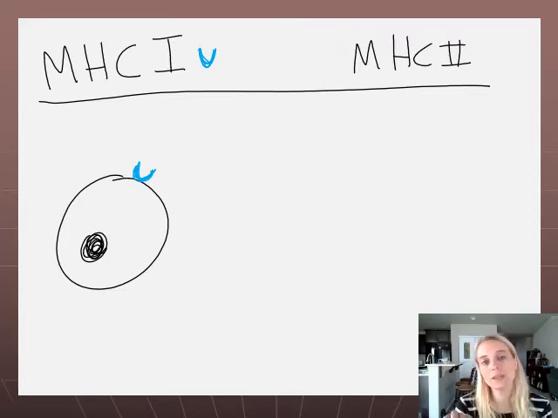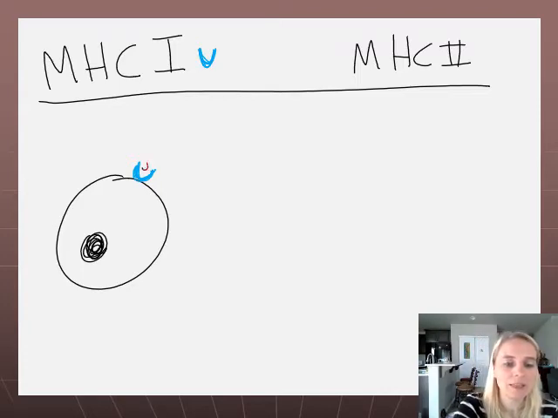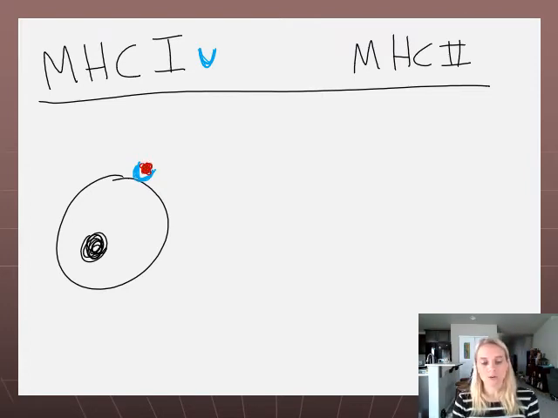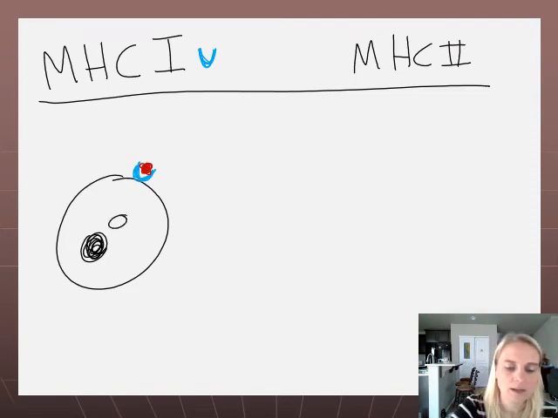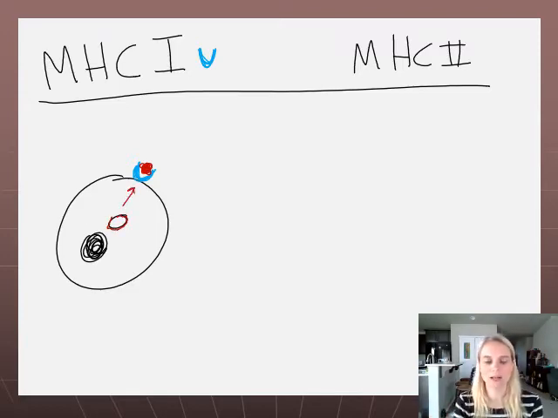So if you, say, get infected by a bacterium or you get infected by a virus, you will then put some of that viral or bacterial bit of that antigen in that MHC class 1. So let's say you have a bacteria inside of you, right? So here's the bacteria, and it had all the little antigens on its surface, and you then put some of those antigens in that MHC class 1.